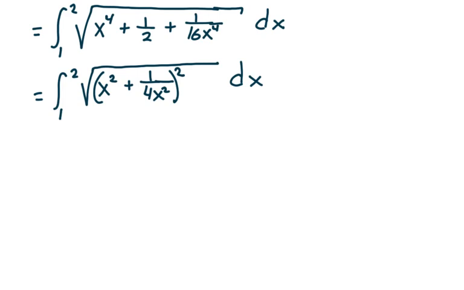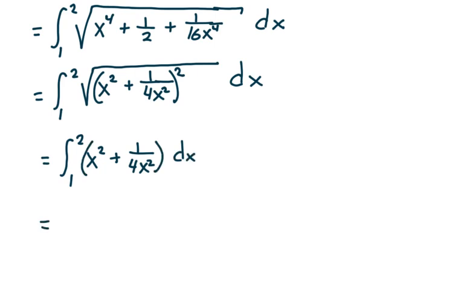And it works nice, because I could write this as the integral from 1 to 2 of x squared plus 1 over 4x squared with respect to x. Okay? And this is 1/3 x cubed minus 1 over 4x.